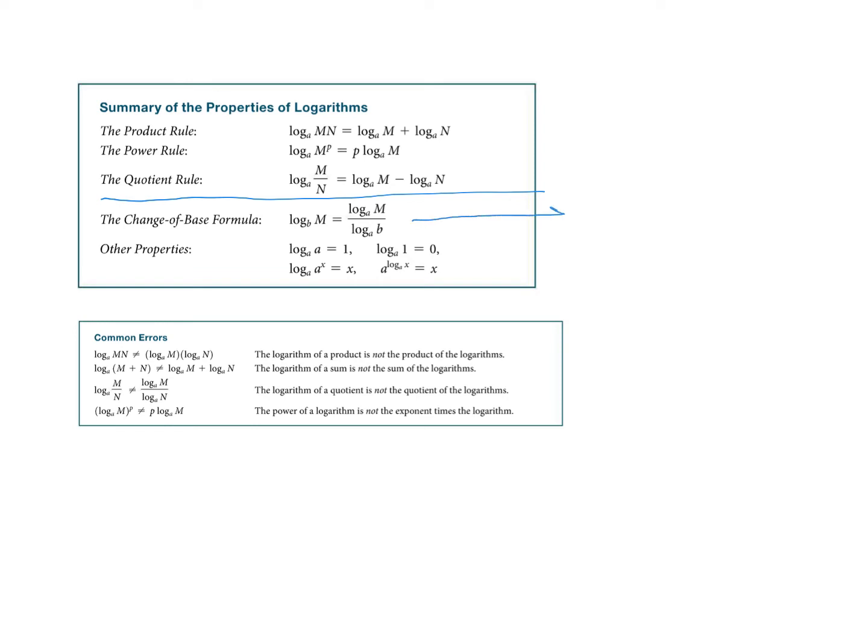Many of you will have on your calculator, when you go to math, a key that says log base, which means that you can take something like log base 3 of 7 and actually type it in the way that it looks.